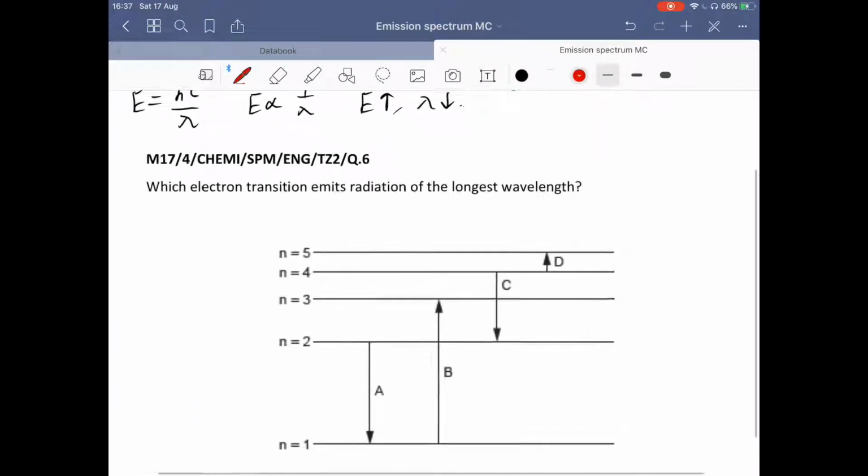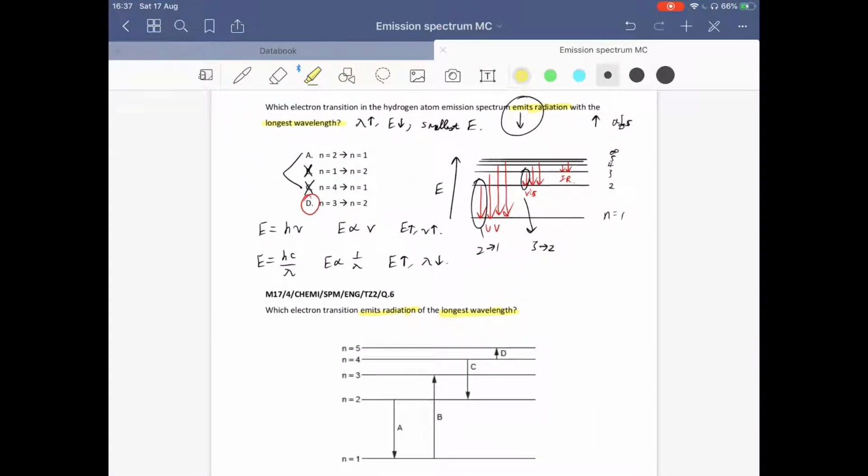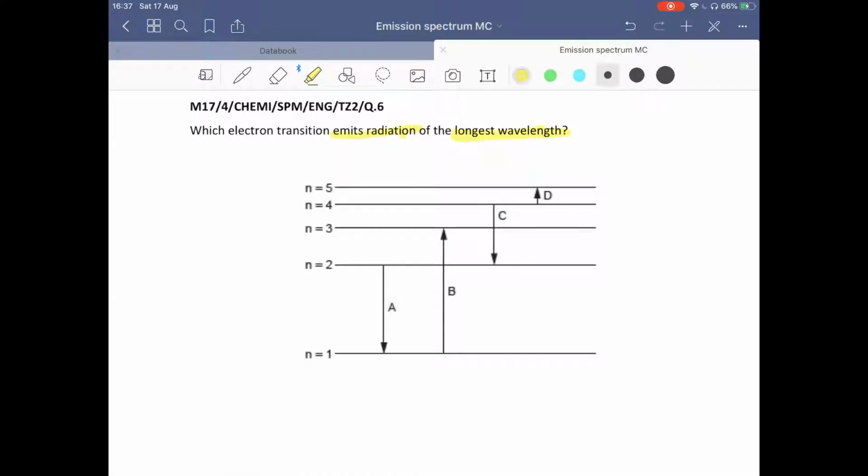And the second question is 2017 May Paper 1, time zone 2, question 6. Let's look at the question. Which electron transition emits radiation, the same, emit radiation with longest wavelength. So it's all the same as question 1. We know emit radiation means falling from high to low energy level.